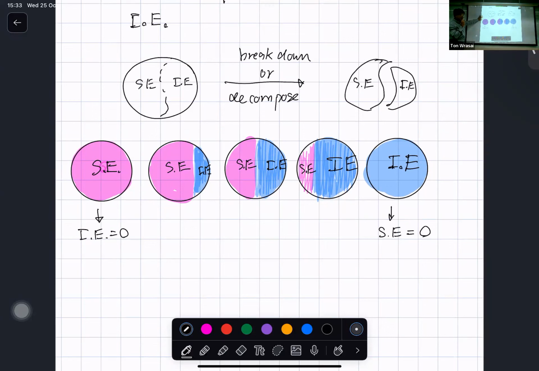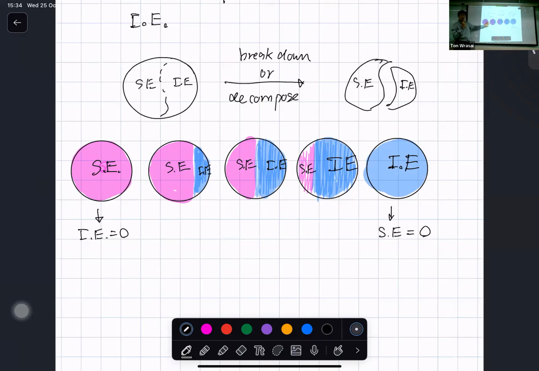Additional explanation is this. Actually, we don't know what is inside this total effect, or we don't know the exact combination of the two. It could be full of the pink effect only, that means no income effect. Or another extreme, it could be only the blue ball, no SE at all, or something in between.